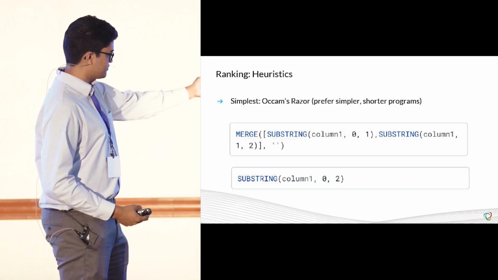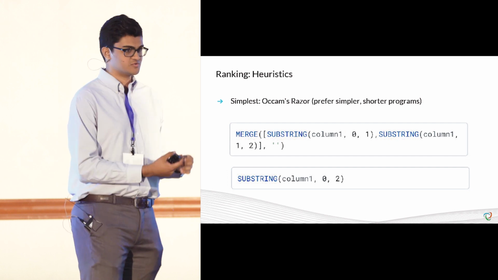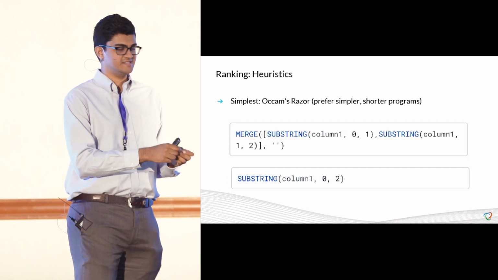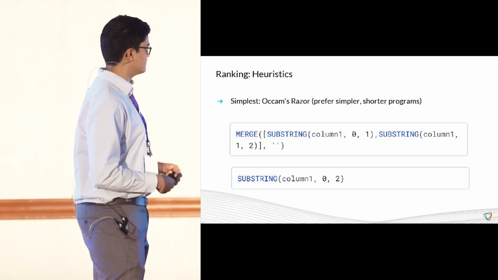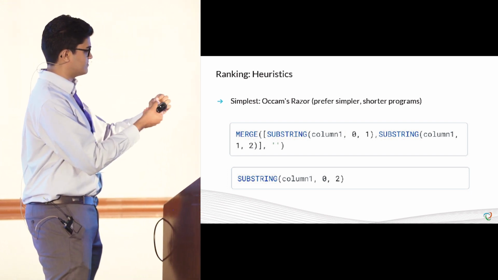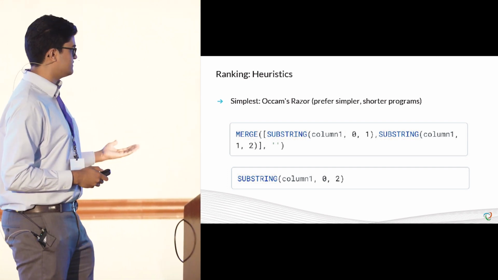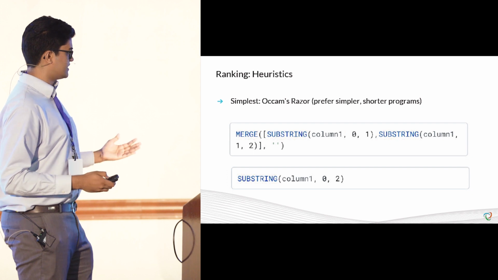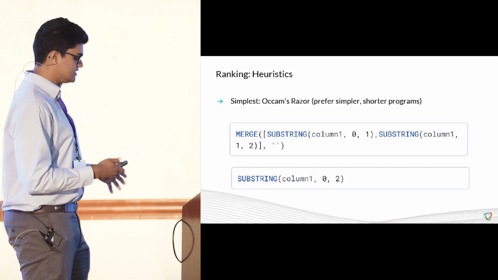So these are two examples in Trifacta's DSL. They're both doing the same thing. You're taking the substring of a column from indices 0 to 2, but clearly the first one is doing unnecessary stuff. You don't need to be taking the substring and merging them. Just take the substring and specify the indices correctly. This is a contrived example, but it's pretty much the only heuristic that you really, really need.